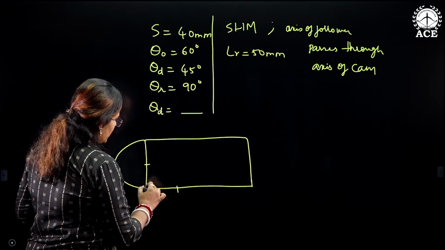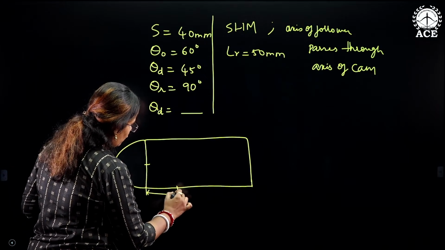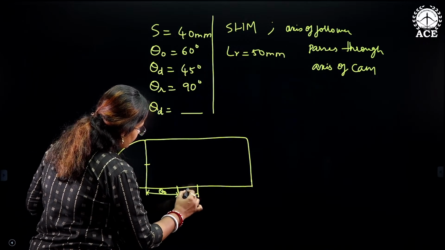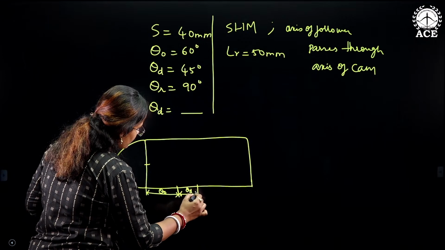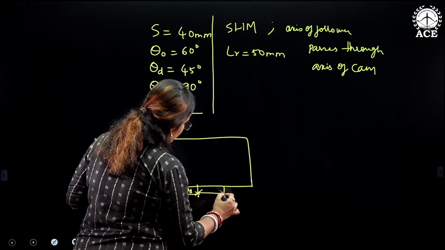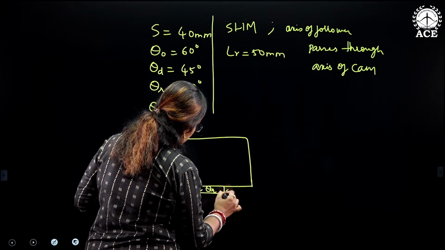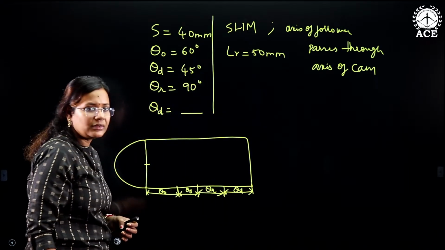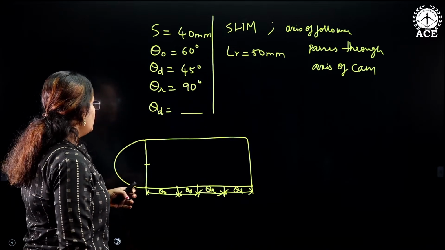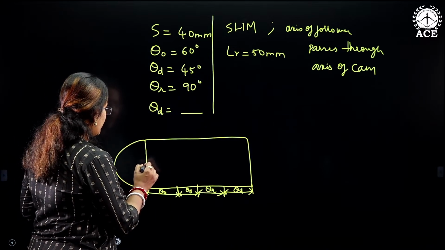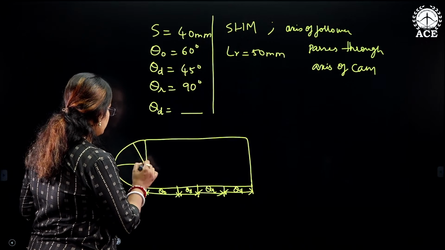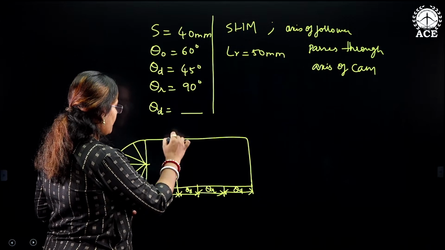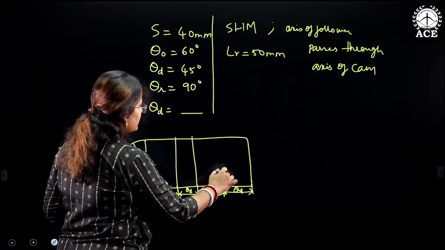So here theta o, then theta d, then theta r, and the remaining angle we don't know, theta d. Again, the same thing: you have to divide this semicircle into 6 equal parts. So this condition we have discussed.